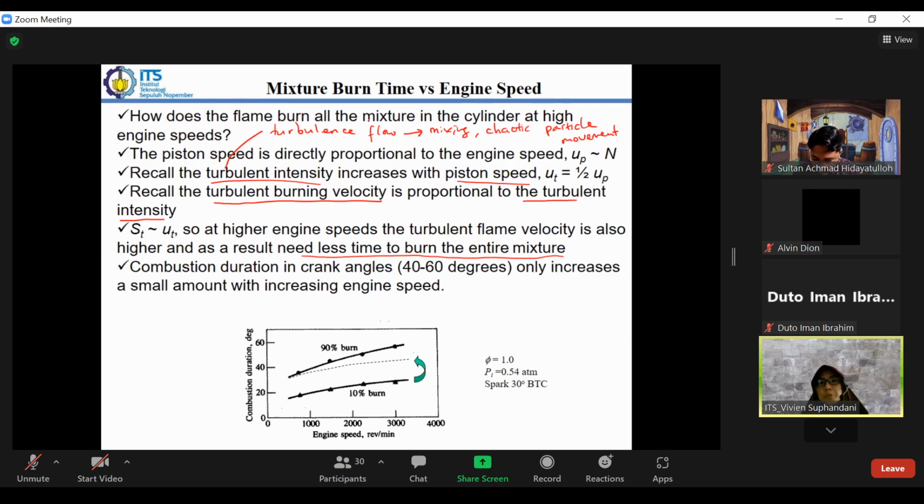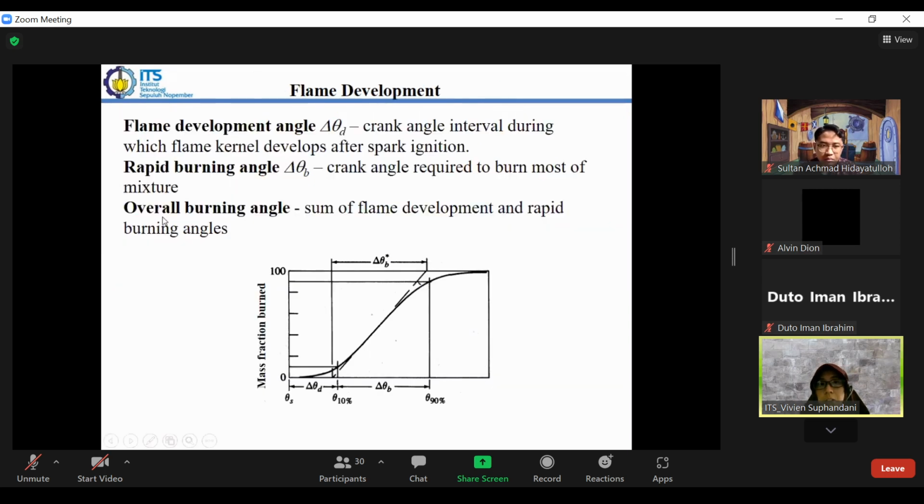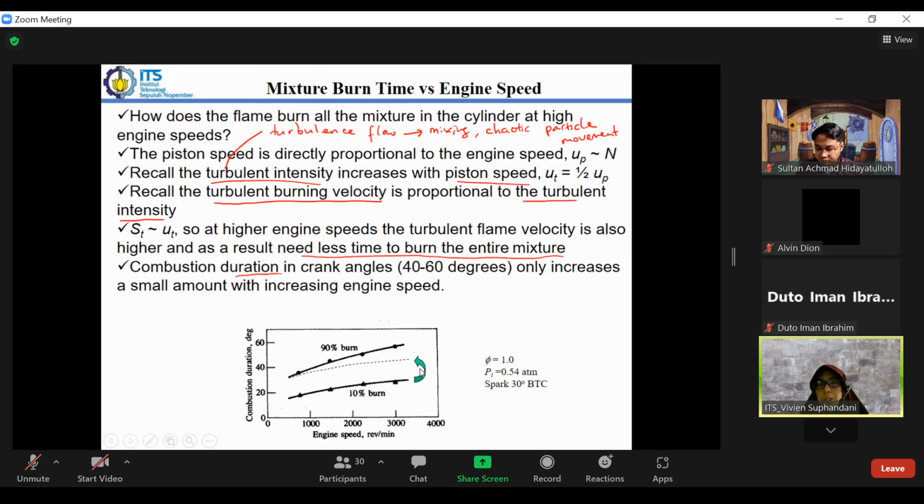So what happens with the combustion duration? As we saw before, we need an overall burning angle, which is a summation of the flame development and the rapid burning angle. So what happens if we increase the engine speed? Some studies have suggested that it increases only a small amount of the crank angle.